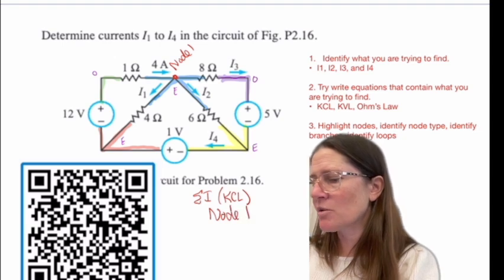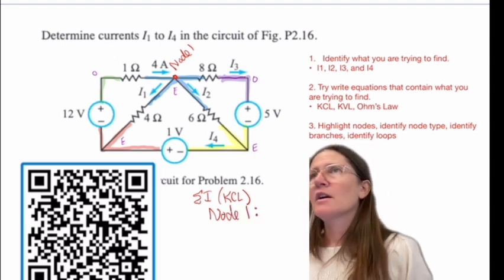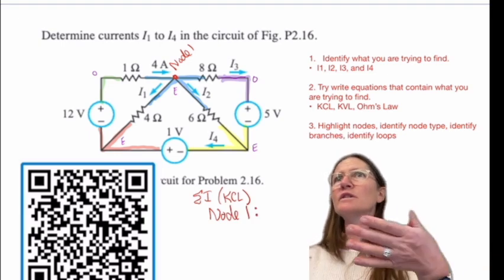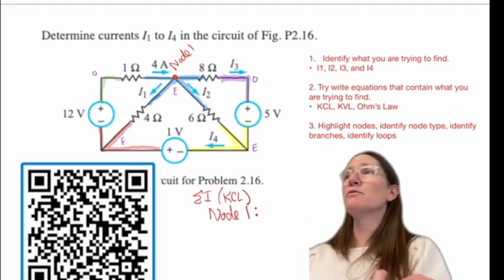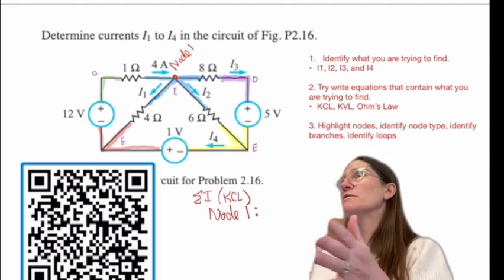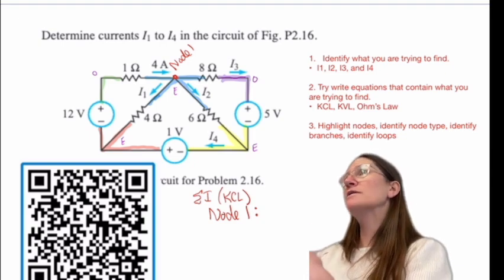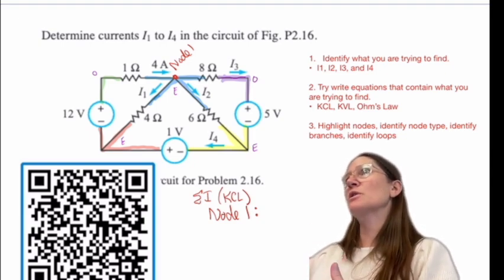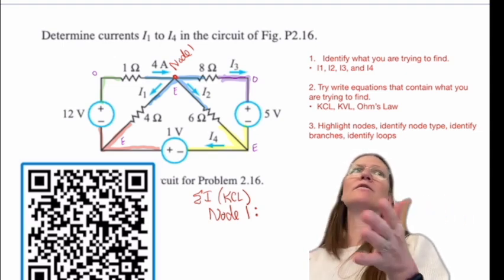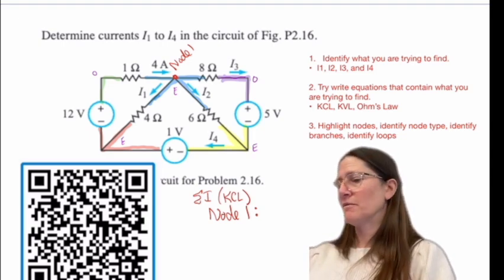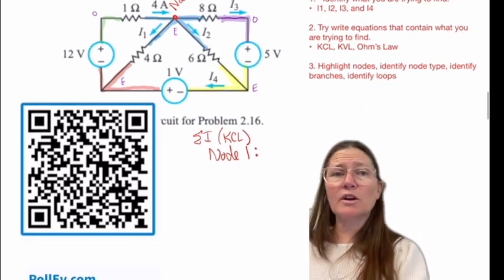So writing an equation for node 1, it's going to be the summation of the currents going in equals the summation of the currents going out. Or as mentioned before, you can pick the other 2 ways of defining that. Currents going in are plus, currents going out negative equals 0, or the opposite. I'm going to do the one where they equal each other.